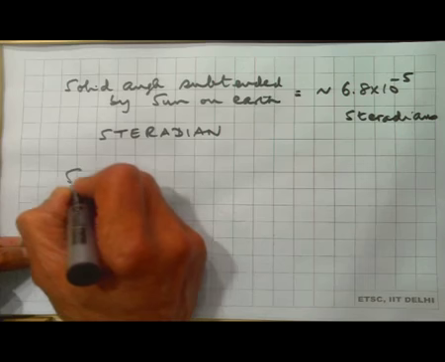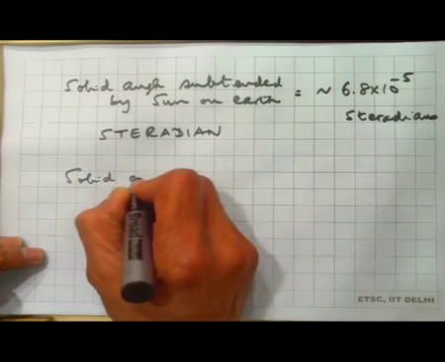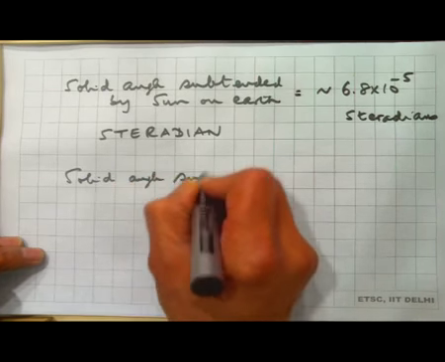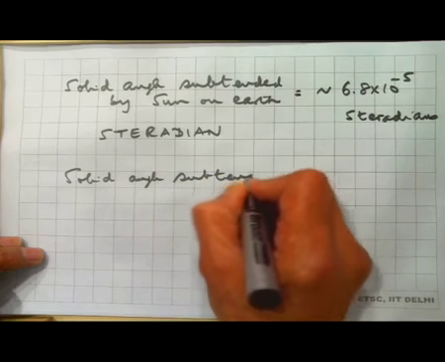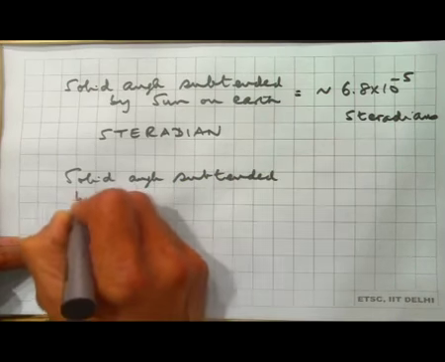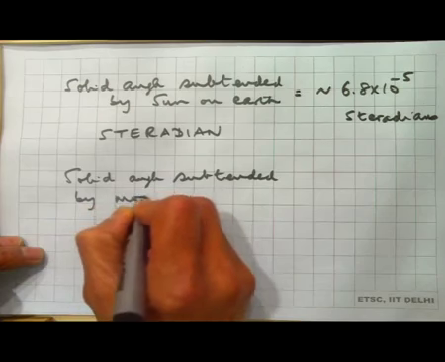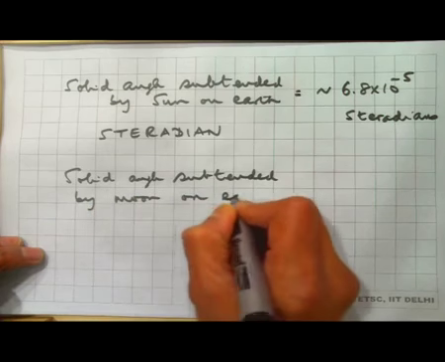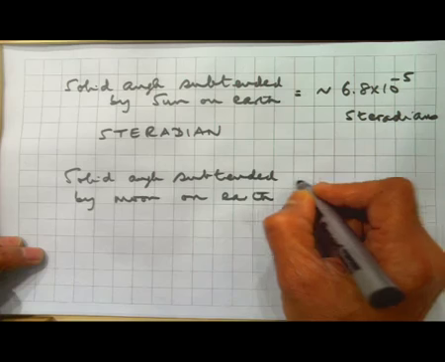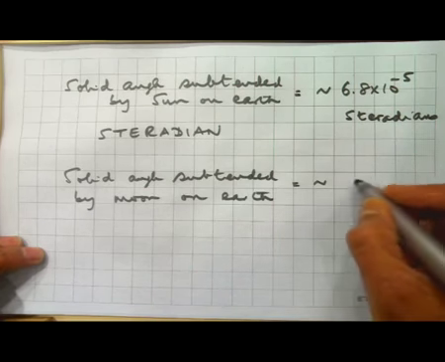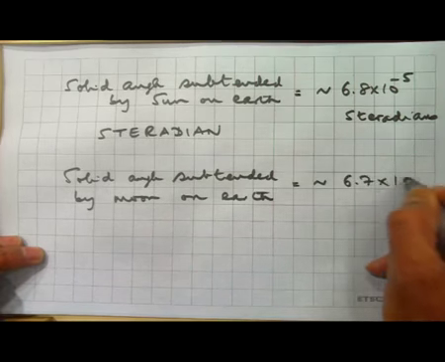The solid angle subtended by the moon on earth is approximately 6.7 into 10 to the minus 5.